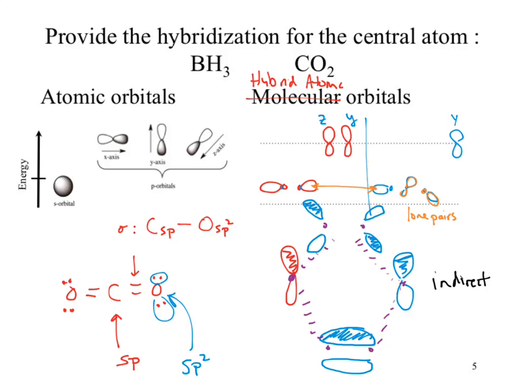What was the first orbital used in making a sigma bond? S. Oh, that's funny. S and sigma begin with the same letters. What's the first letter of our orbitals being used to make this indirect overlap? P orbitals. With the indirect overlap, we have p orbitals involved. We are looking at a pi bond.